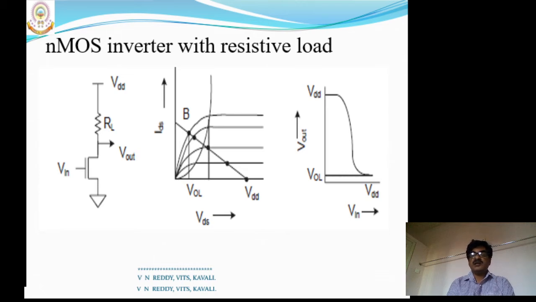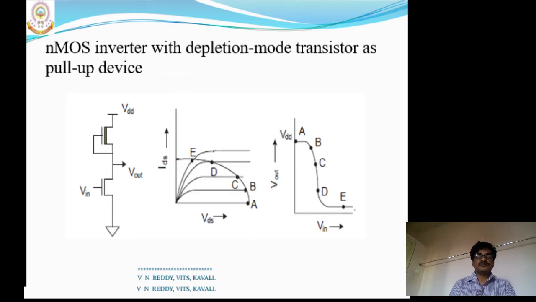And one more thing: when the pull down transistor is on, there is a static current flow directly from VDD to the ground. Because of that, high power consumption you can see in the NMOS inverter with resistive load.